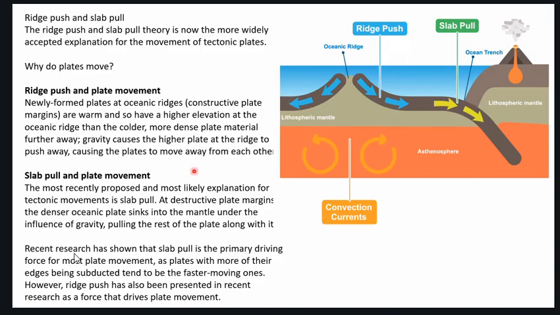So this newly formed tectonic plate, okay, let me read what we wrote here. Newly formed plates at the oceanic ridge are warm, so they have a higher elevation at the oceanic ridge than the older plate material further away. Gravity causes these higher plates at the ridge to push away, causing the plates to move away from each other. So this ridge push is that a ridge is formed here, okay?